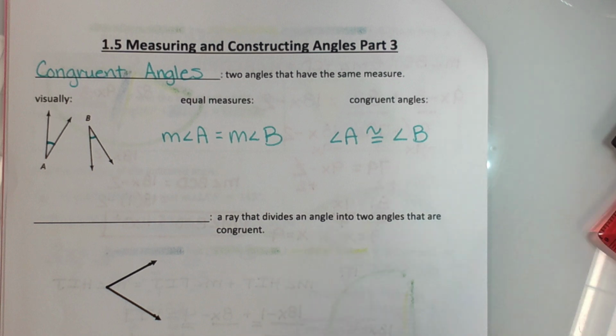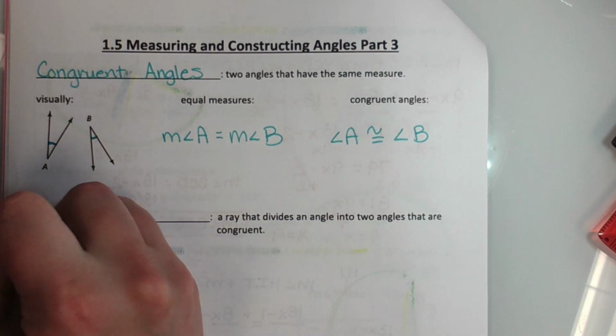Now, much like with segments, where you had what was known as a midpoint if you had two congruent segments next to one another making a bigger segment, and you also had a segment bisector which went through that midpoint, similarly we can also have what are known as angle bisectors.